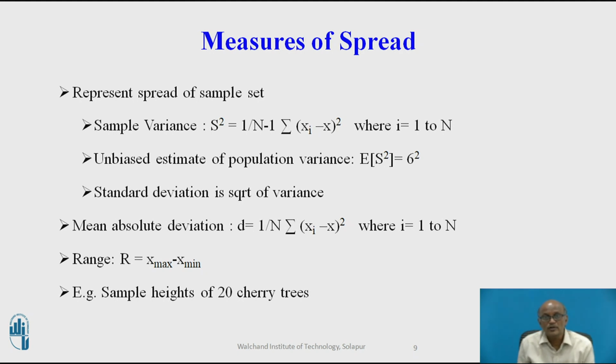We can also take it from the median if we wish. So the deviation of the observation from the mean or the median, we take the absolute value of this deviation and sum over all the n points. Now whether it is divided by n or n minus 1: if we divide by n, it is called the mean absolute deviation.